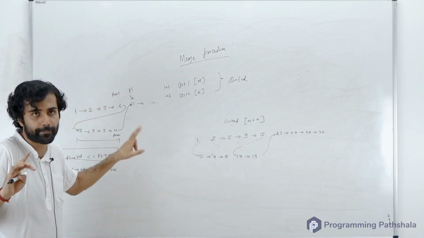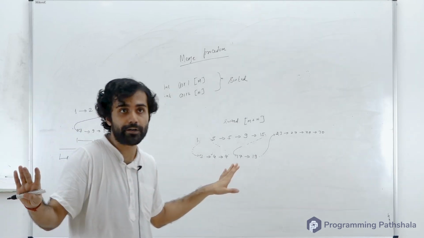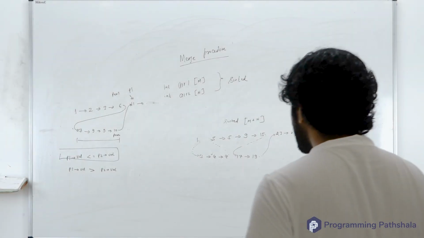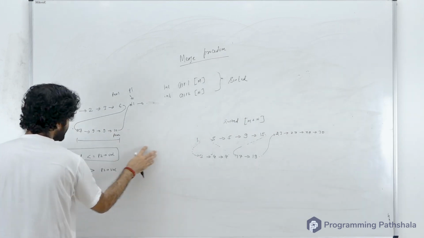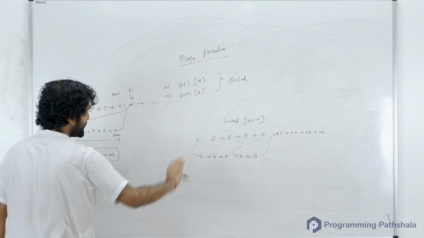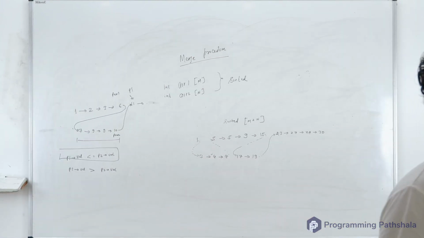Okay, let's first do it for P2 becomes null. The moment P2 becomes null, can I say that, hey, now I need not do anything? I can say that, right? Because now there are no nodes left in this part, and also this is correctly connected to this, and this part is already sorted. So I need not do anything else over here.